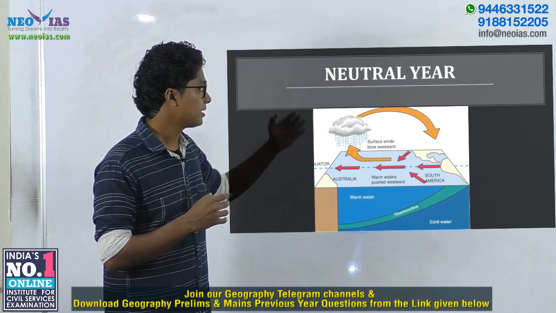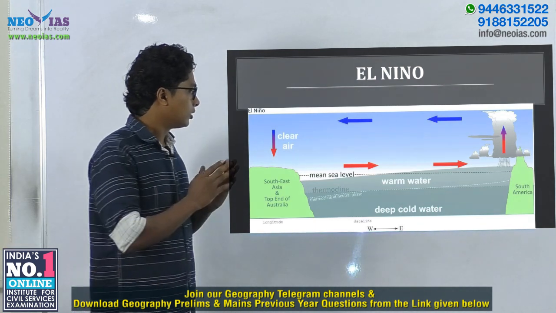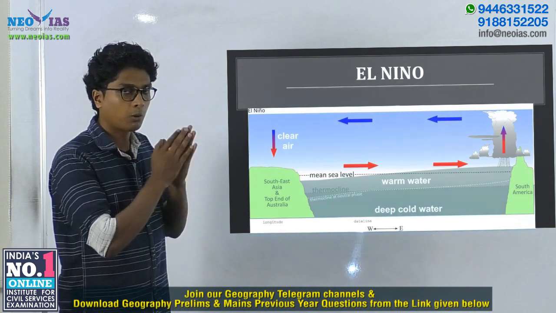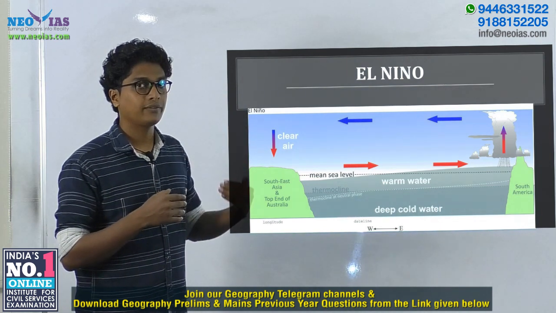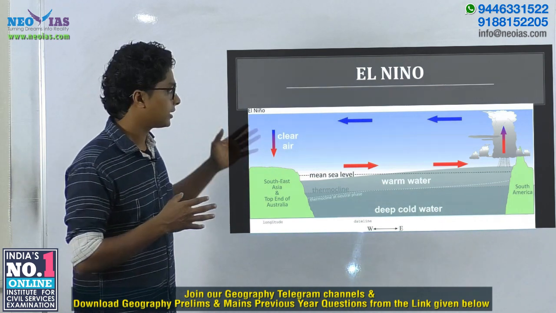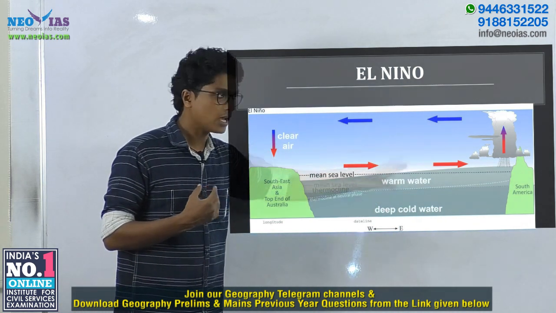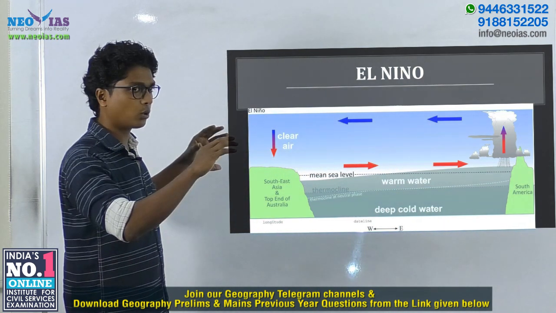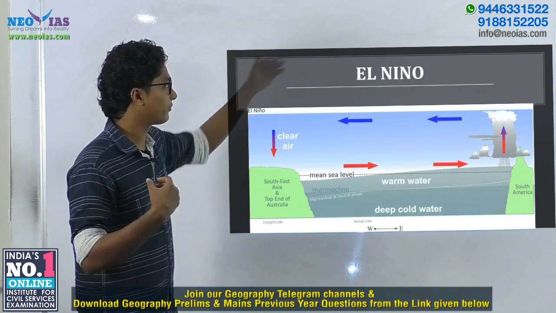Next, let's take a look at the El Nino conditions. So during El Nino, you have to remember that the trade wind is weakened, or the trade wind is reversed, right? This is actually a cyclic process. We'll explain why the trade wind is weakening, and this is a very slow process, and it takes 1 or 2 or 3 years for the formation of El Nino, right?